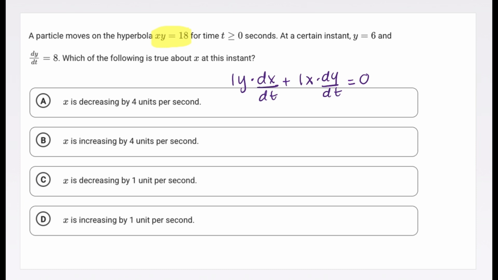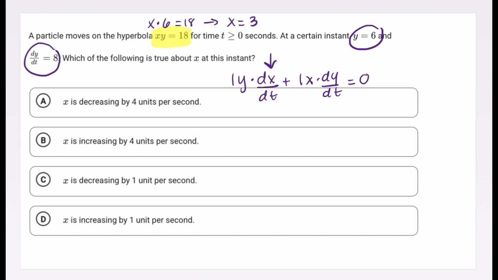Now, I know what dy dt is, and I know what y is. And I'm looking for dx dt, but I currently don't know what x is at that moment, but I can figure it out. So if y is 6 and x times 6 equals 18, then x is going to be 3. So I'm going to go ahead and plug that in.